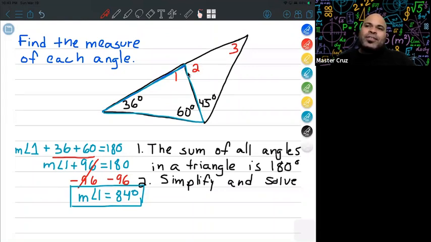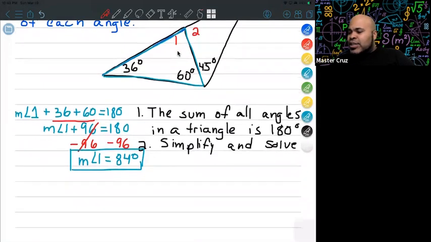Hopefully you can see that angle 1 and angle 2 are connected on a straight line. That means they form a linear pair. From that knowledge, I can find the measurement of angle 2, because the measurement of angle 1 plus the measurement of angle 2 has to equal 180 degrees.